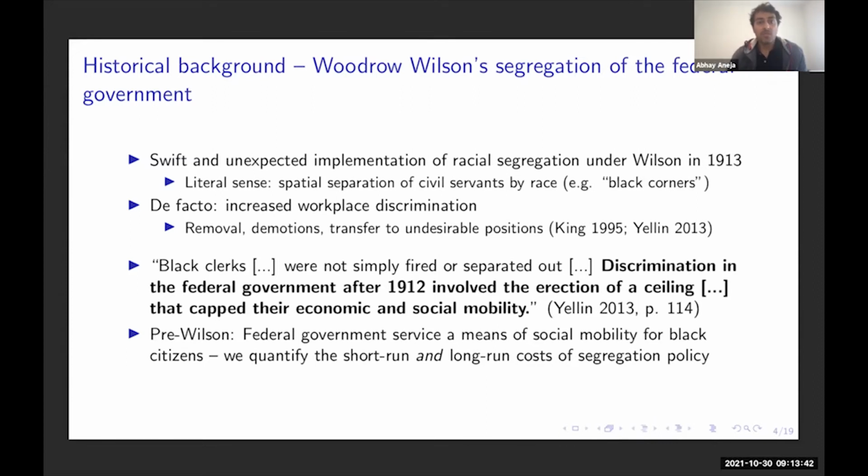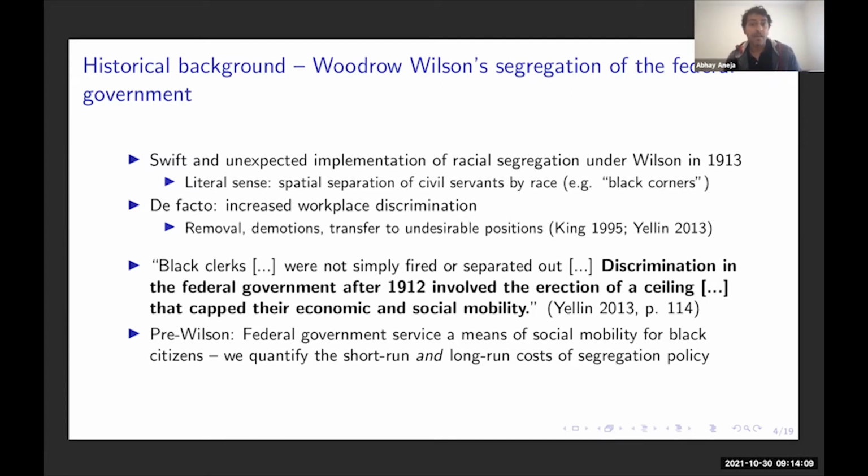And so what do I mean by a policy of workplace segregation in this context? Well, of course, in a literal sense, people may think segregation means separate but equal. It may mean people doing the same job, but members of one race in one part of a building and members of another race in another part of a building doing the same types of work. The historical evidence suggests otherwise.